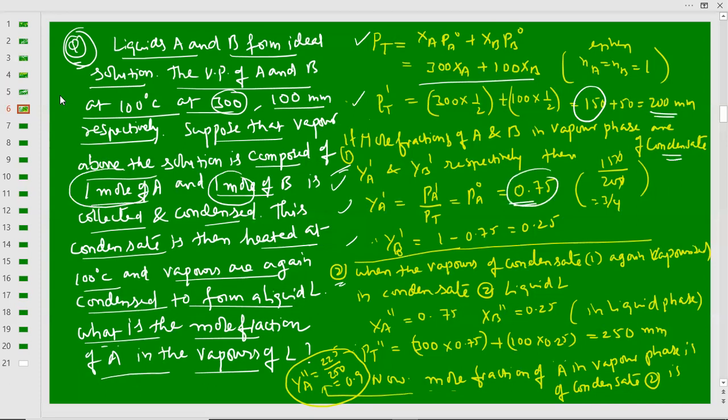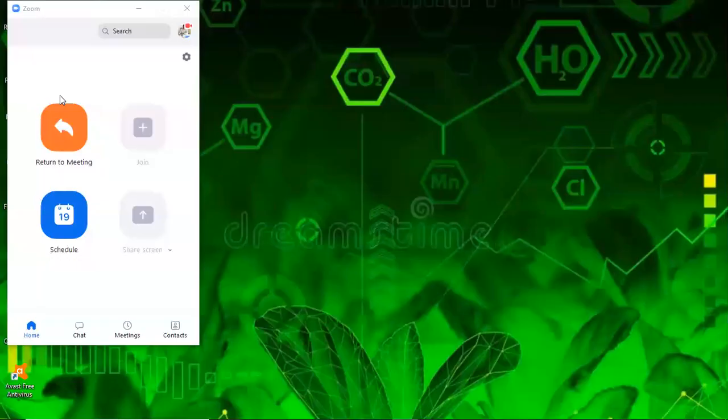So the mole fraction of B in this vapor phase is 0.25, and multiplying, we got 250 in that condensation. So 250 millimeters is the total vapor pressure in the second condensate. Then PT XA double dash: 300 into 0.75 is 225, over 250, I got 0.9.